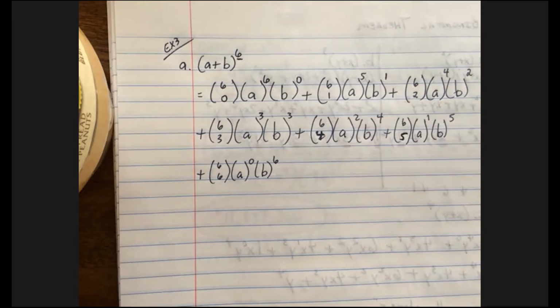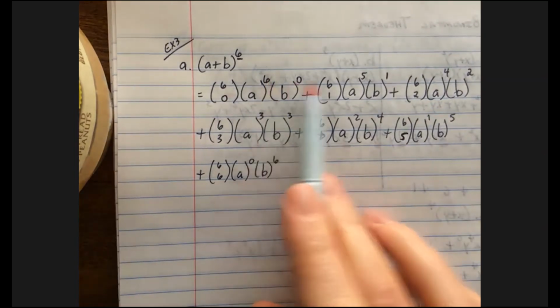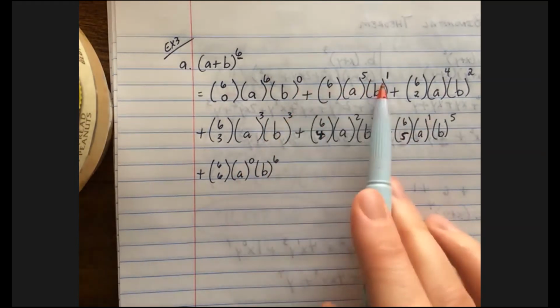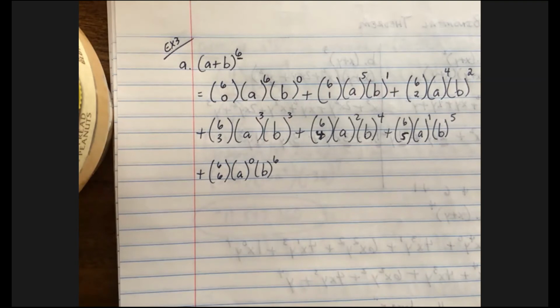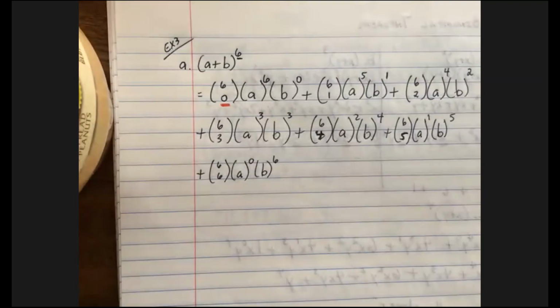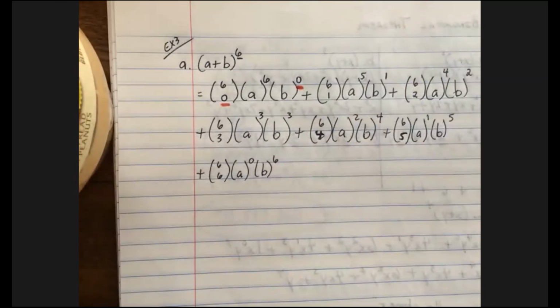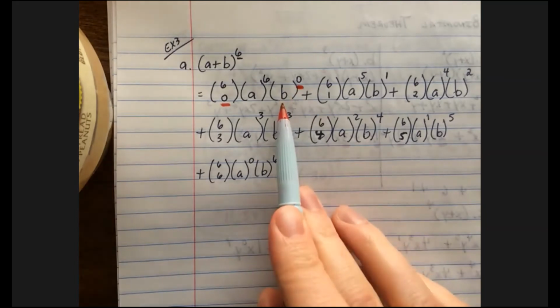And now look at our a's. They went from a 6 to a 5. It counted down. We've talked about that several times now. And the b's were increasing. So some good pattern recognition here that's going to help you with organizing this is that this number at the bottom of our combination is always going to match the exponent of our second quantity, our b in this particular example.